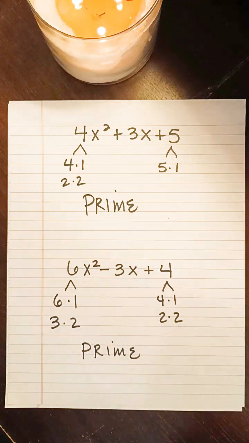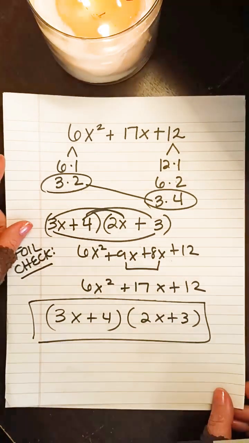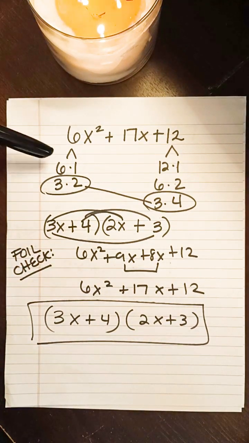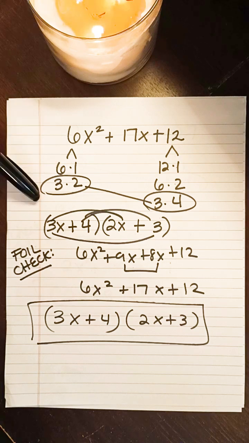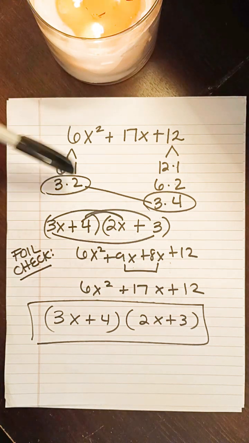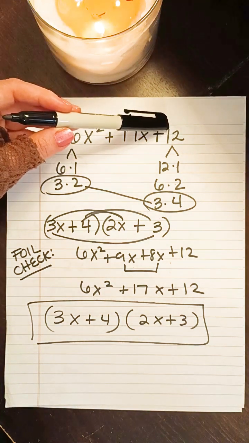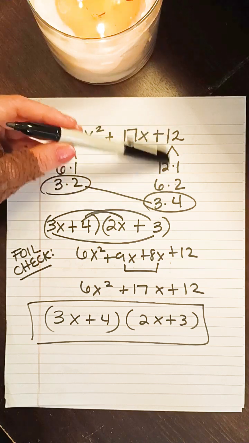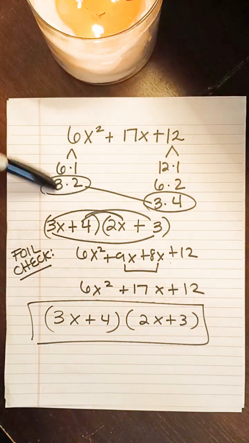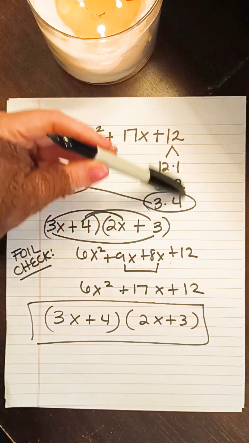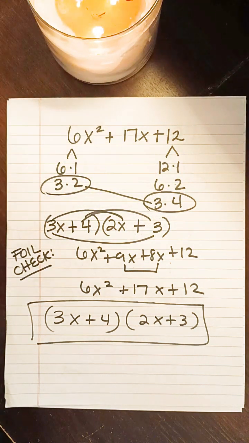So again, all you have to do is find factors of the coefficient of your A term, so numbers that multiply to be your A term, and then find factors of your C term, numbers that multiply to be your C term. And then we have to pair up one of these pairs of numbers with one of these pairs of numbers to get our B term.